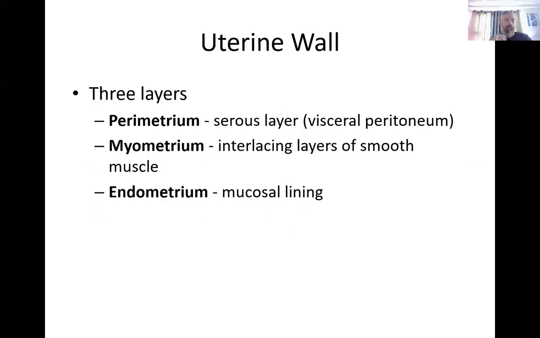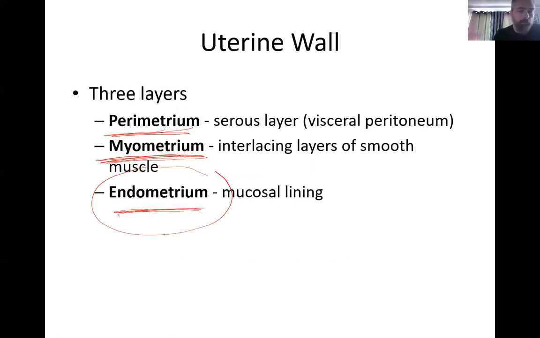As far as the uterus itself goes, it's pretty interesting. There are 3 layers to it: a perimetrium, which is the peritoneum; the myometrium, which is a massive, huge chunk of smooth muscle; and then the endometrium, which is the mucosa. And this endometrium is very, very special.